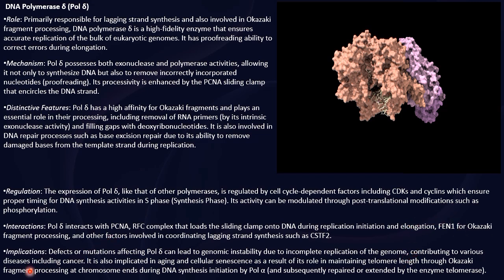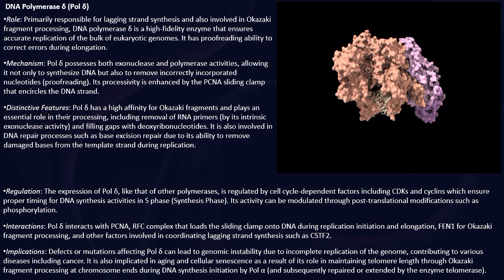It is also implicated in aging and cellular senescence as a result of slowly maintaining telomere length through Okazaki fragment processing at chromosome ends during DNA synthesis initiation by pol alpha, which we'll discuss in the topic of end replication problem and telomeres. Now let's move to the final DNA polymerase, which is DNA pol epsilon.